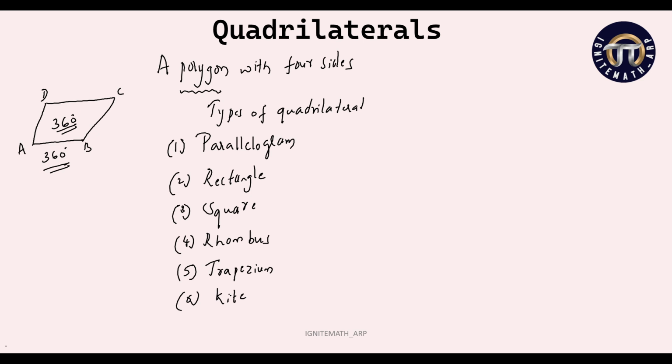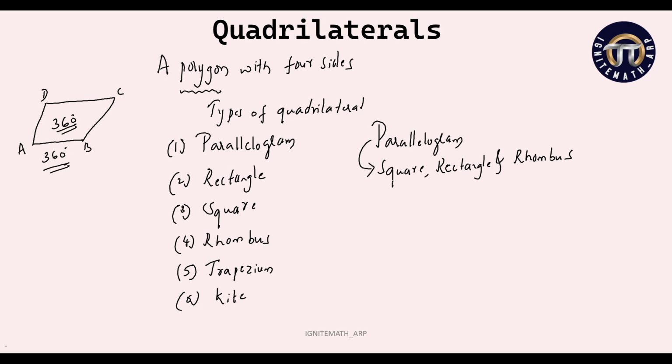But for your kind information, whenever I am talking about the parallelogram, the square, rectangle and rhombus, they are the types of parallelograms. Clear?